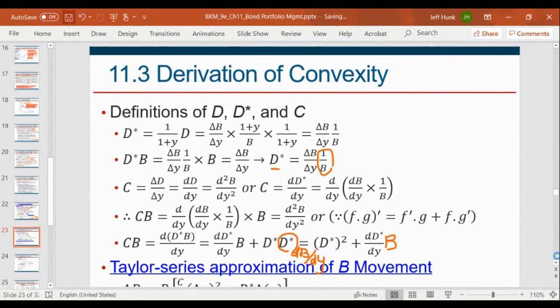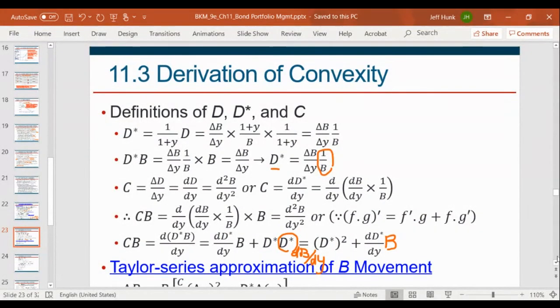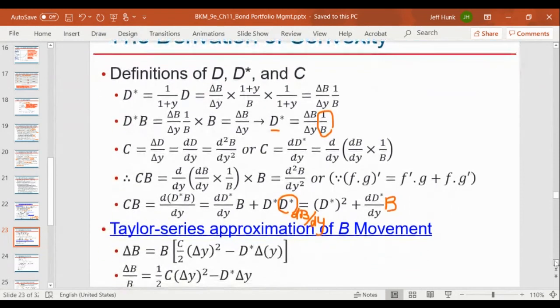Now, if we found the formula for convexity, how do we use that? Whether it is duration or convexity, what is the purpose of using them?